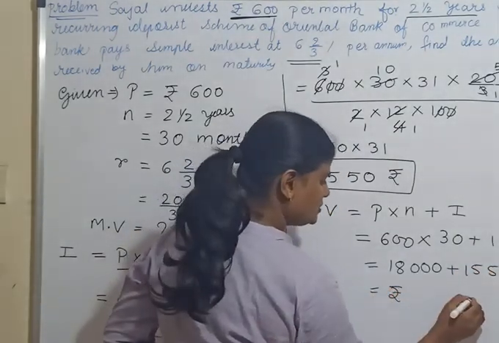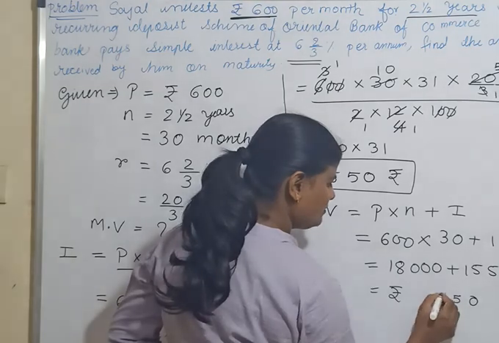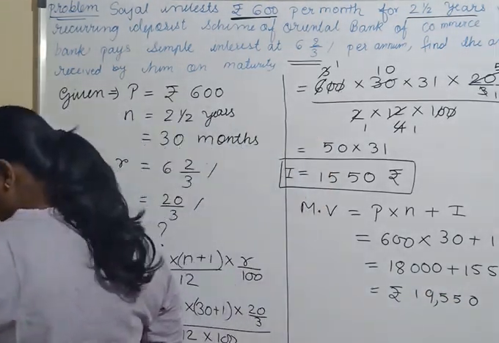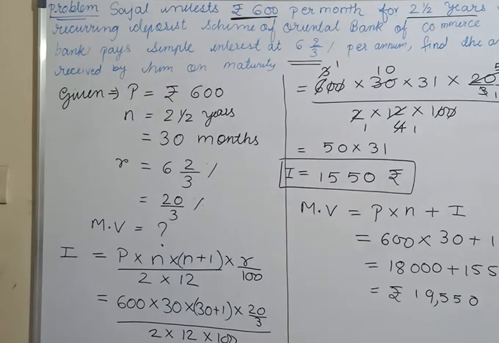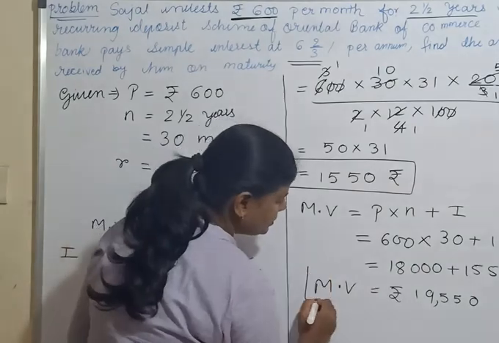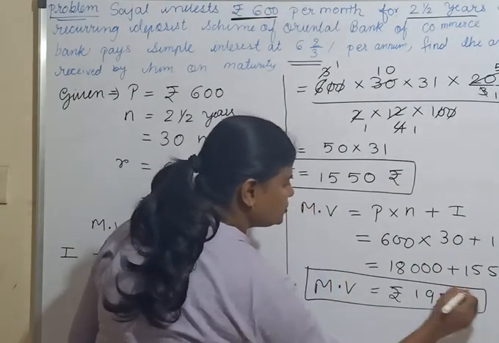So rupees 19,550 is your maturity value. This was the only thing asked to find out.